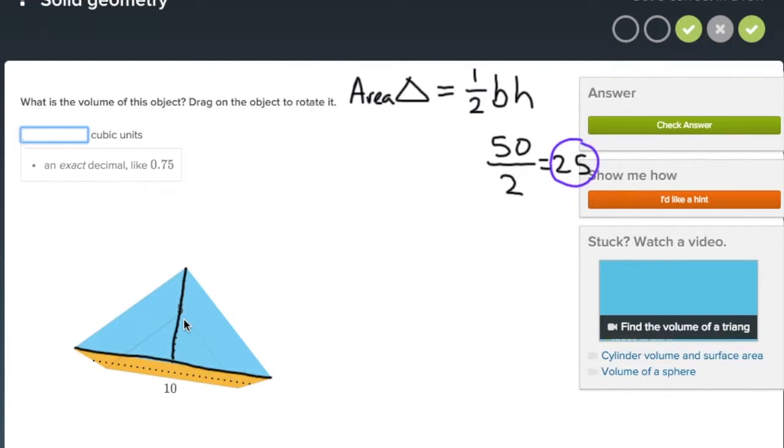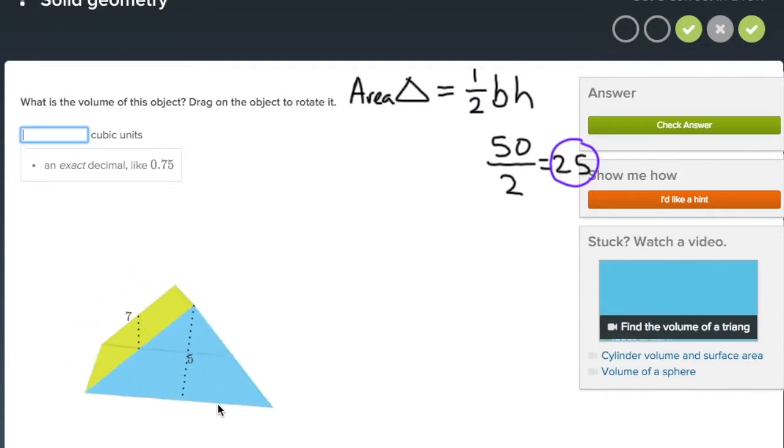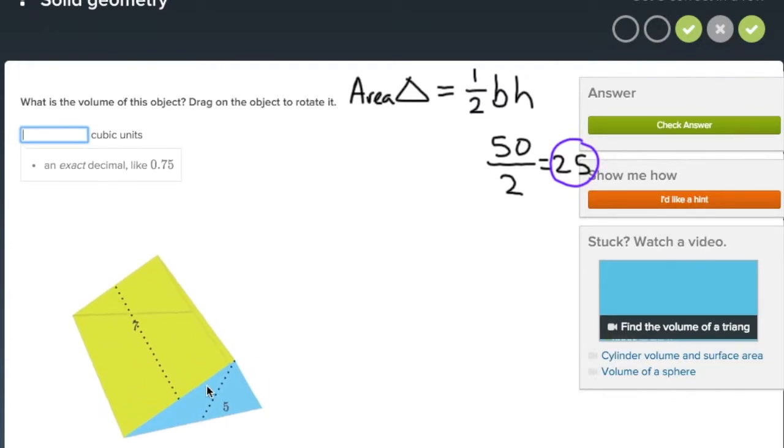Let me play around with this a little bit more. So that's the area of my triangle right here. Now, I'm actually looking to extrapolate that triangle out to cover the entire length of the prism. So if I take this triangle and I build it up, the length of the prism, that's going to give me the volume.